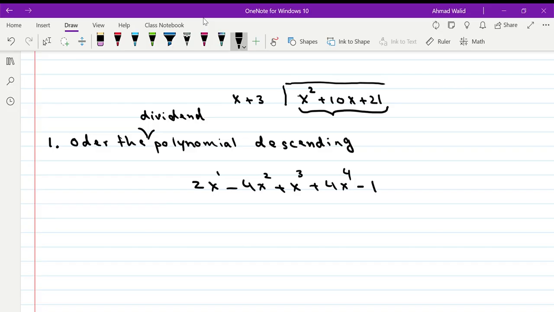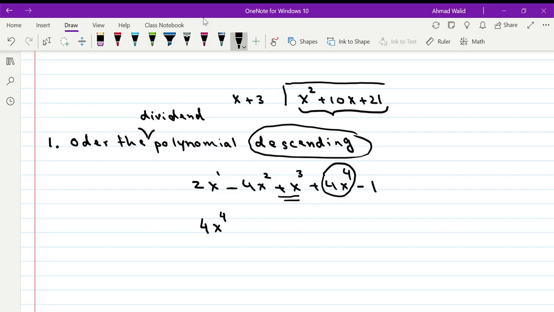You can order a polynomial in two ways. The first one that's important for us today is the descending order. What is the descending order? You start with the highest exponent and you write that term first. Your highest exponent is 4, positive 4x to the power of 4. You write that one first. After that, you have power of 3.